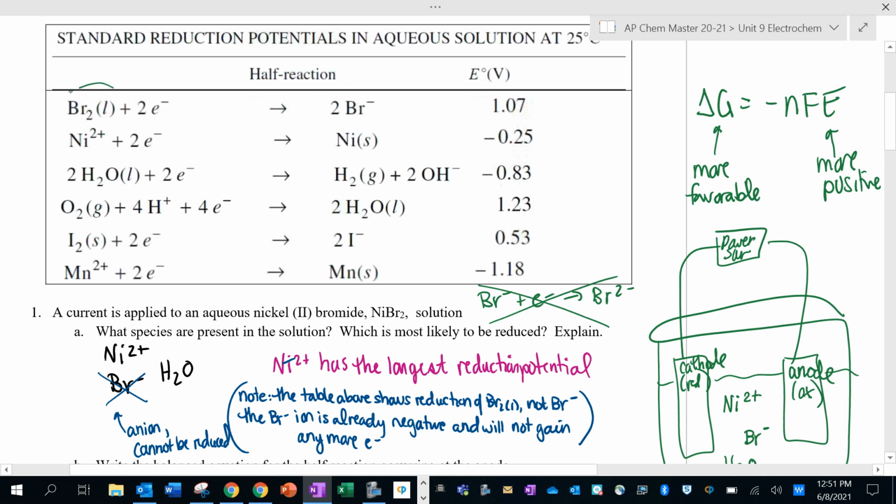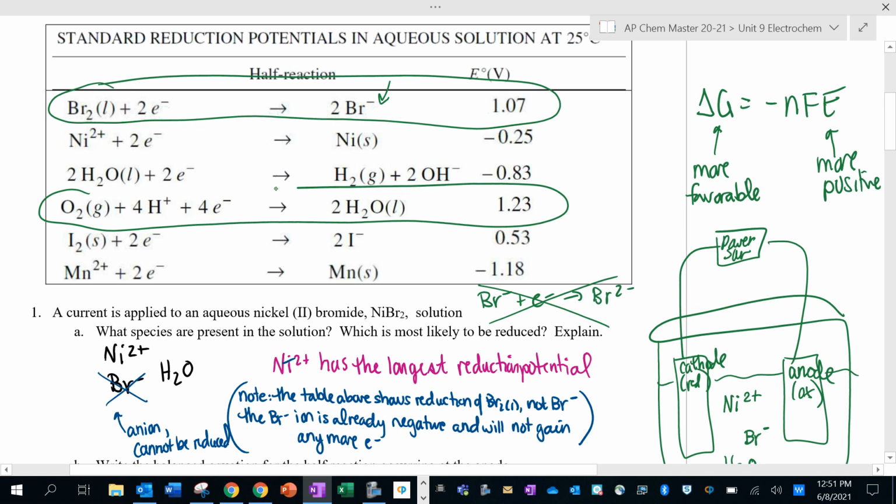This reaction, when I flip it around, shows the bromide ion losing electrons. And for water, if I flip this reaction around, it shows water losing electrons. So when I'm looking for the oxidation, I want to look at the right-hand side of the arrow, because when I flip it around, what's on the right becomes the reactants.